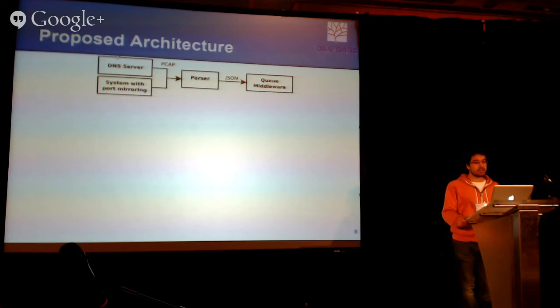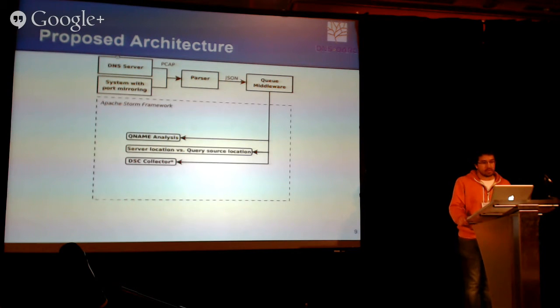And then the parser sends the message to a queue middleware, such as Kafka or RabbitMQ. We send the message compressed with the LZ4 algorithm, which is very fast, so it doesn't add so much weight to the whole network.